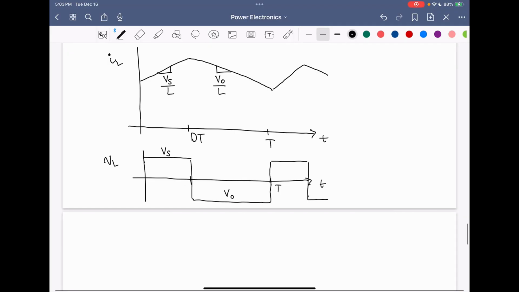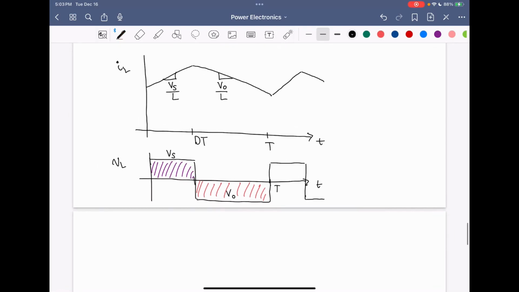By inductor volt-second balance, we know that the average inductor voltage is equal to 0 over a period. So that means that this positive area above the time axis is equal to this negative area under the time axis. And this is because of the inductor volt-second balance principle.